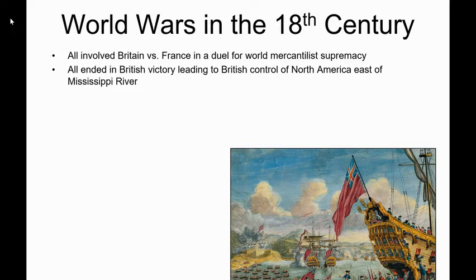But in terms of what we need to know, we don't care about places like India or Gibraltar necessarily. What we need to know is that by the time 1763 is here, the British have kicked France out of North America. And east of the Mississippi River, the British now control what we would call today the United States, and for the most part, Canada as well.